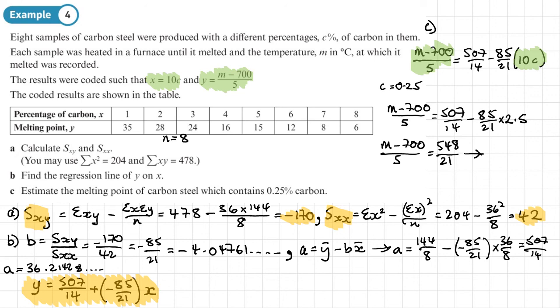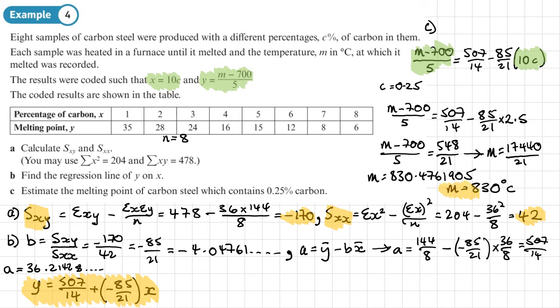Now I do get an exact value here, but I'm probably going to give my answer as a decimal. So using the SD button, I get 830.4761905. So let's go for 3 significant figures, so we'll get 830 degrees Celsius.